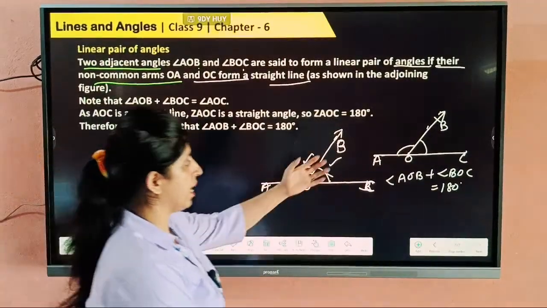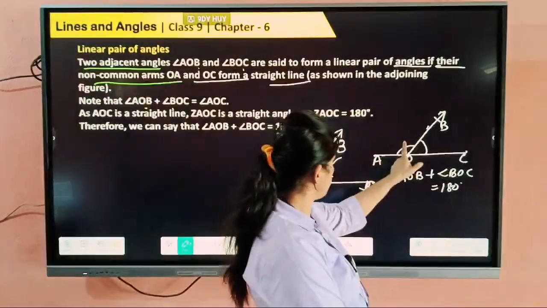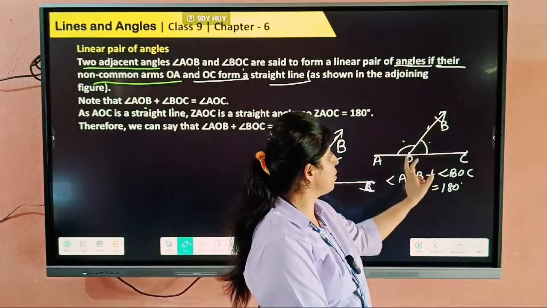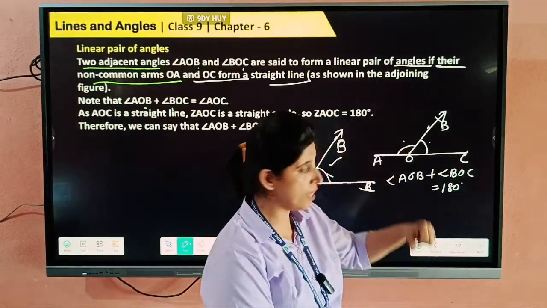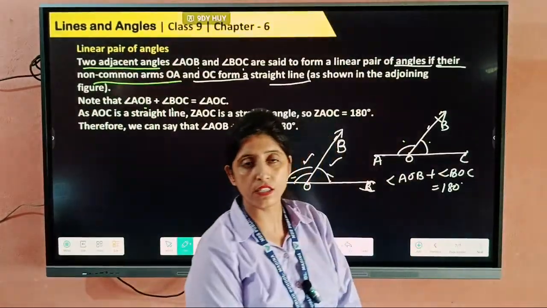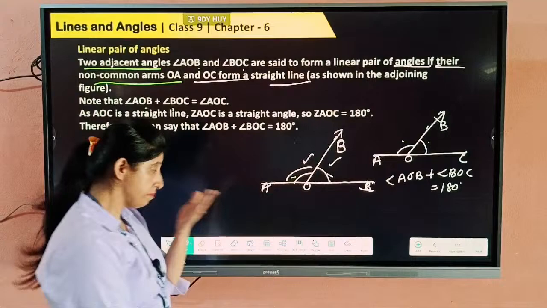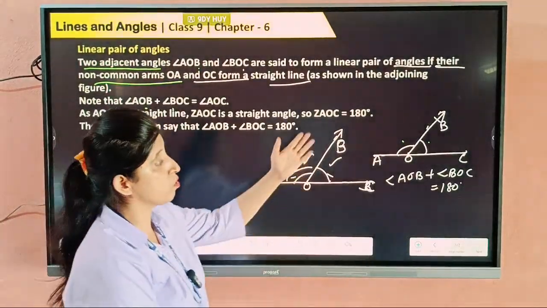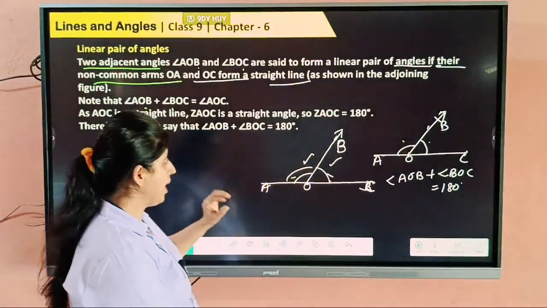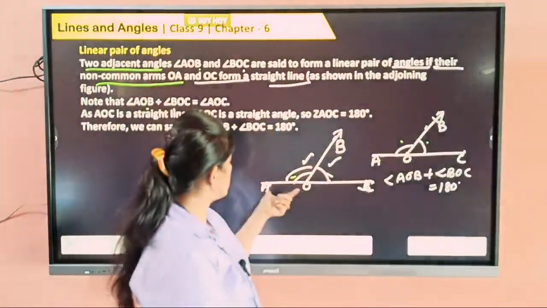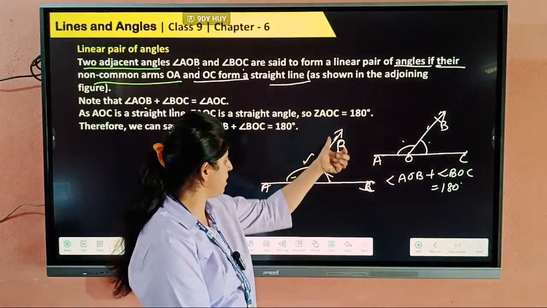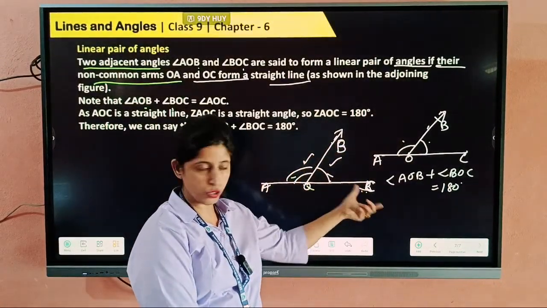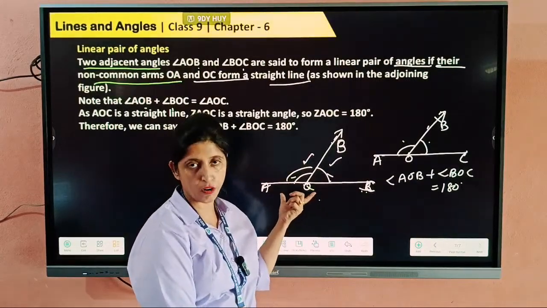Sometimes they become adjacent angles also, because this angle and this angle are adjacent, as AOB and BOC have one common arm OB and one common vertex O, right? So they form adjacent angles also, but this is exactly a linear pair because their sum is 180 degrees. And if their sum is 180 degrees and it becomes a straight line also, AOB plus BOC will become equal to AOC. So it forms a straight angle also.